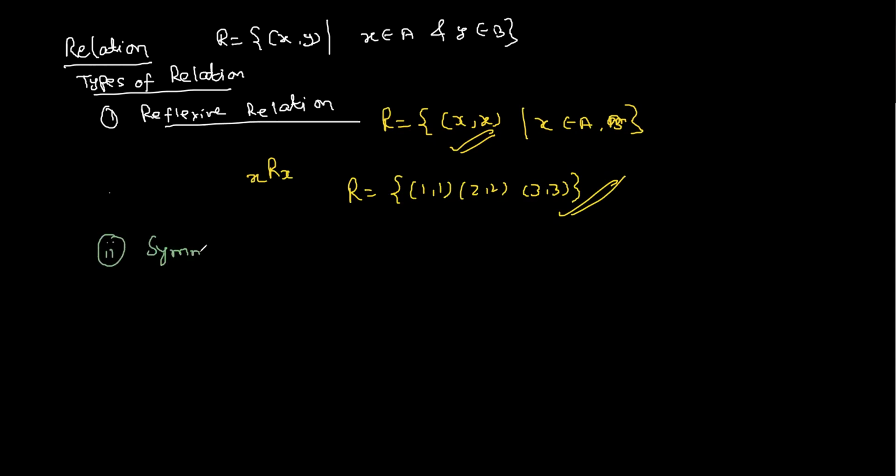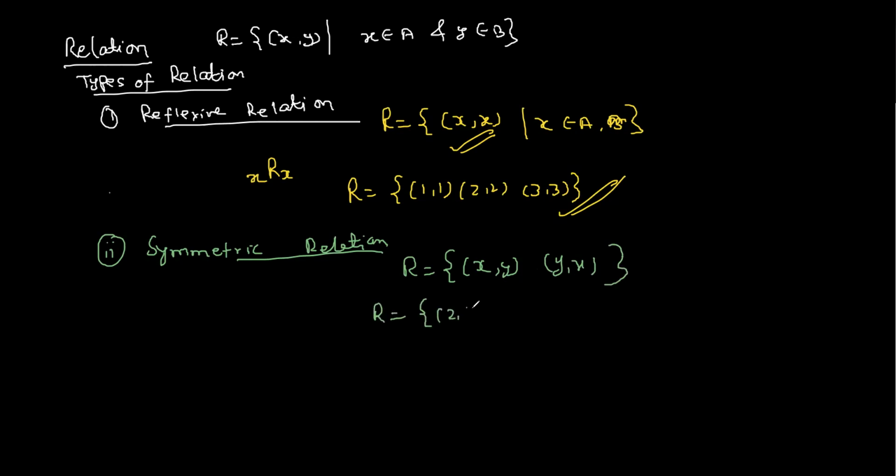Symmetric relation. What is symmetric relation? If x comma y is there, then y comma x must be there. For example, if 2 comma 3 is there, then 3 comma 2 must be there, right?